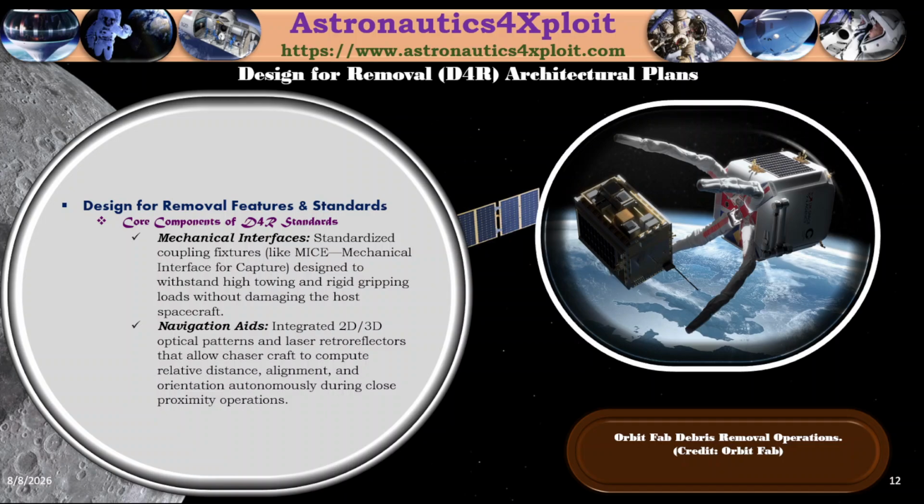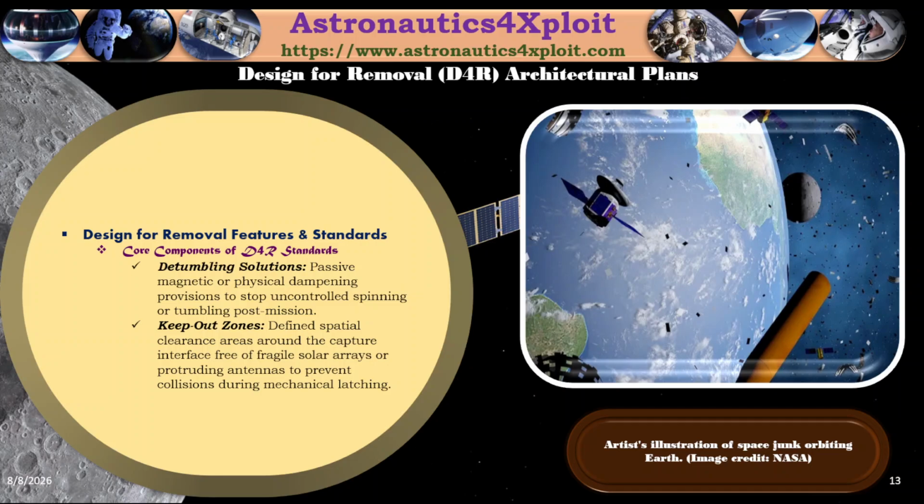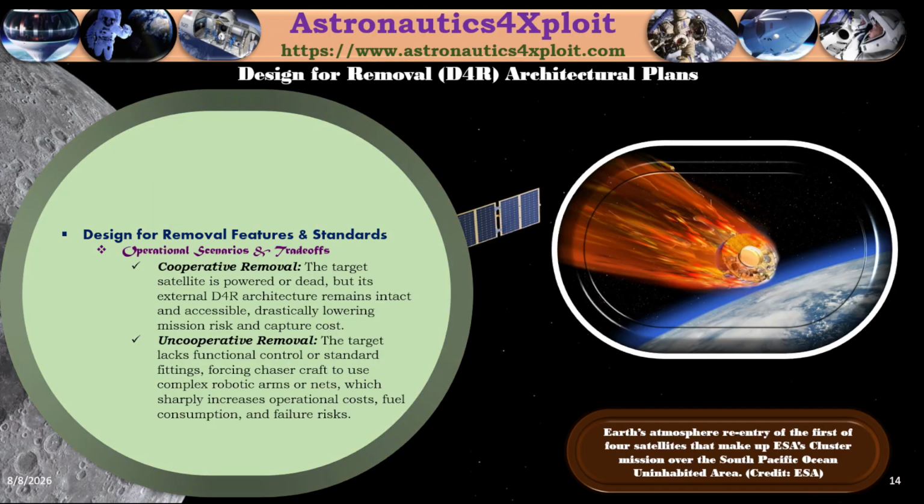Core components of design for removal standards are mechanical interfaces, navigation aids. The Orbit Fab debris removal system is shown in this picture. Other components include the tumbling solutions and keep-out zone. An artist illustration of space junk orbiting Earth is shown in this picture.